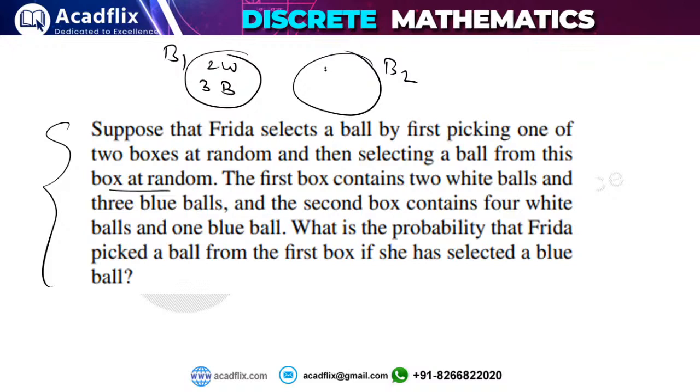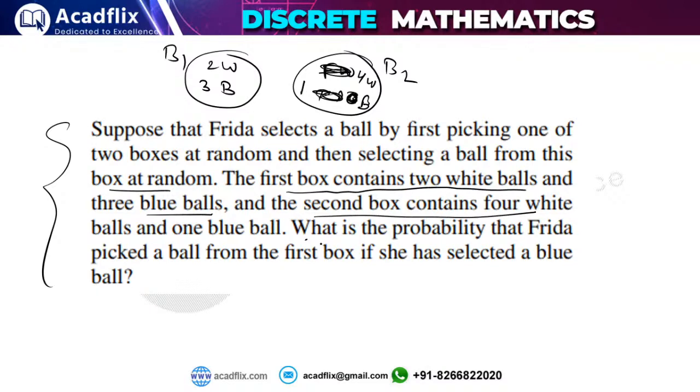The second box contains 4 white balls, 1 blue ball.